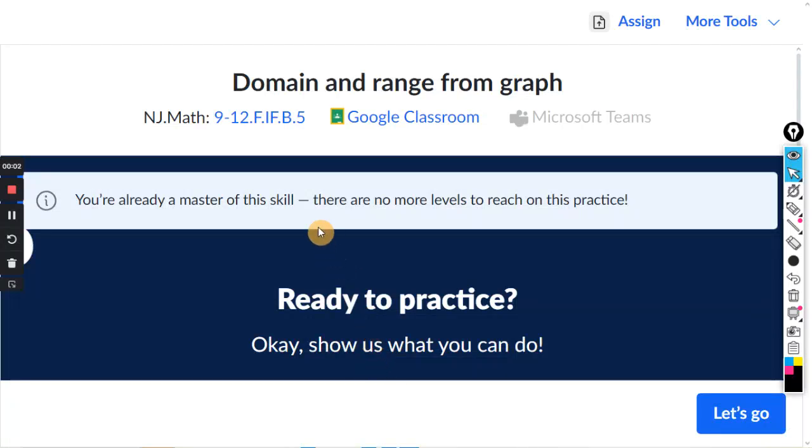This will be for the con exercise, domain and range from graph. So before we get to the actual problems, the definition for domain, that is going to be the possible x values.